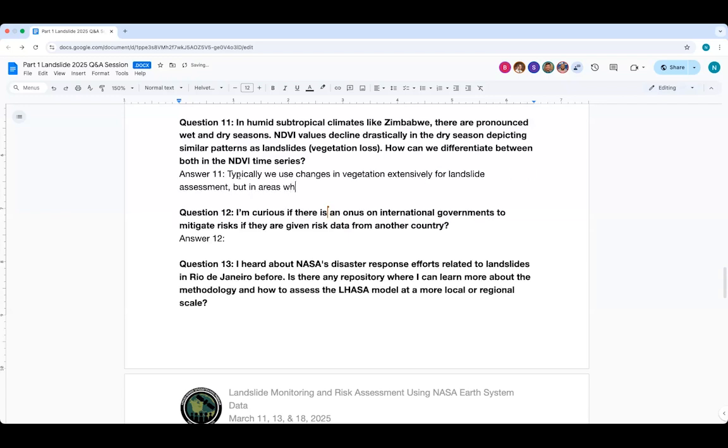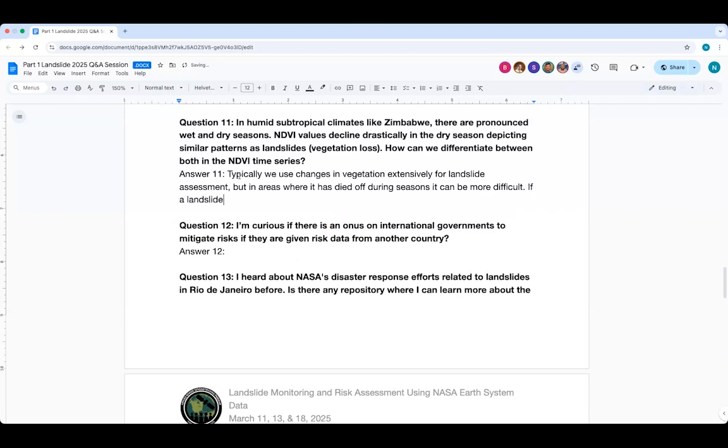I think one of the easier ways to answer this is that for smaller, shallow landslides, if the soil type is very difficult to see from NDVI change, then it may be challenging to do that with optical data and NDVI data. If the landslide is larger and excavates down to the bedrock, for example, that may still be visible, considering that the bedrock and the surface characteristics typically still differ enough in NDVI mapping.